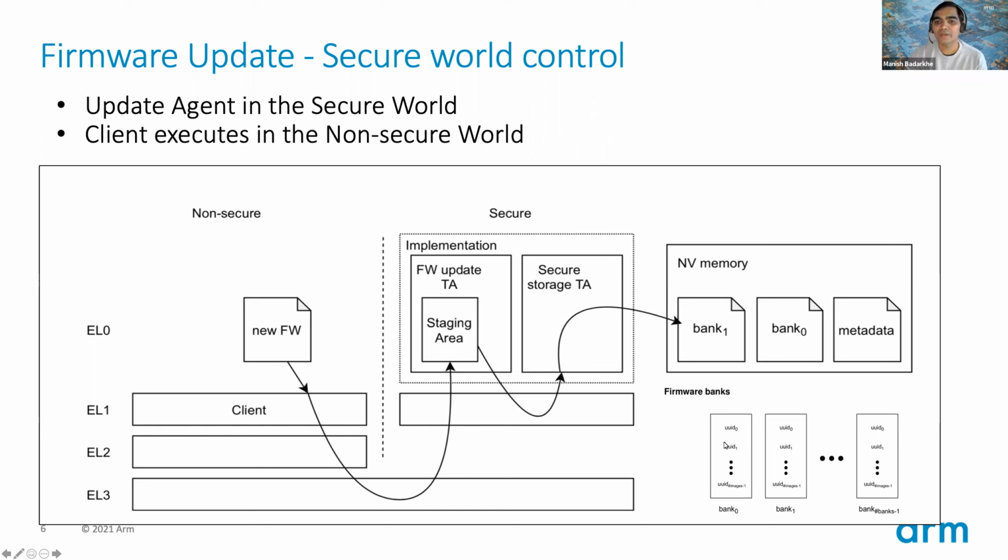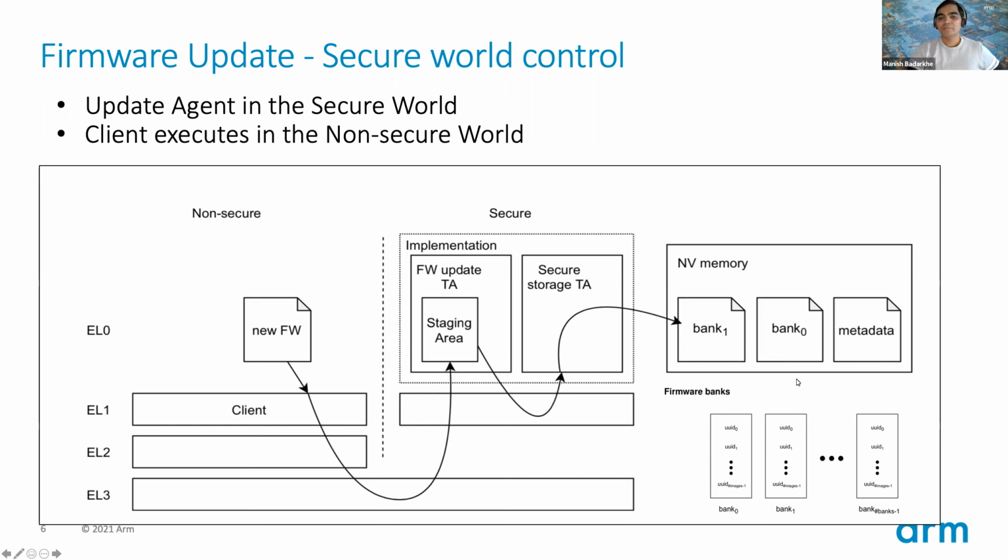We call the bank which is used to run, from which the TFA takes all the firmware, the active bank. And we call the other bank the update bank, which is generally used by the update agent to update it. So if you can see here, bank one is getting updated right now, so it is the updatable bank, and bank zero is an active bank where all the firmware currently resides and the software inside these banks is currently running.